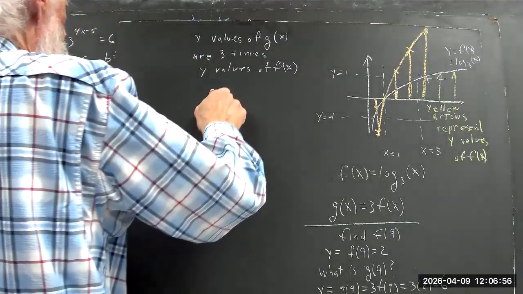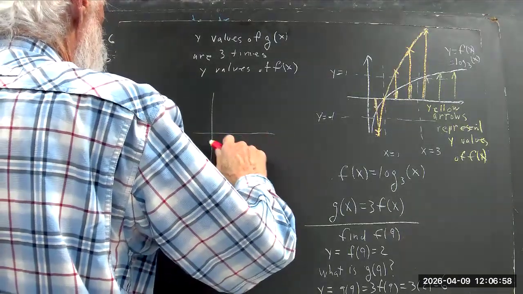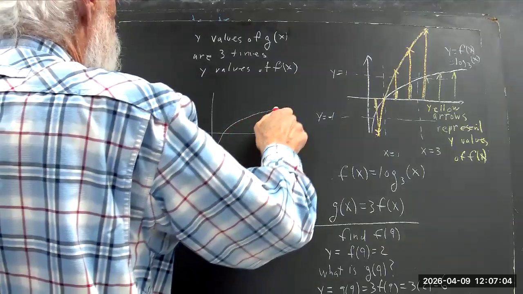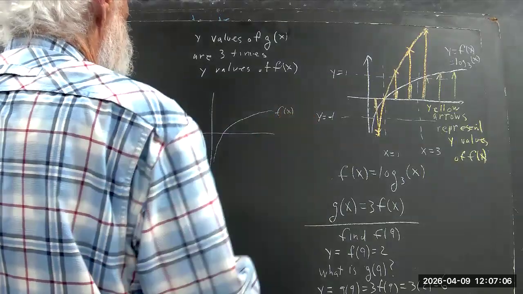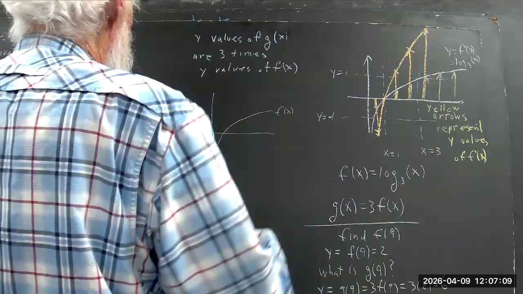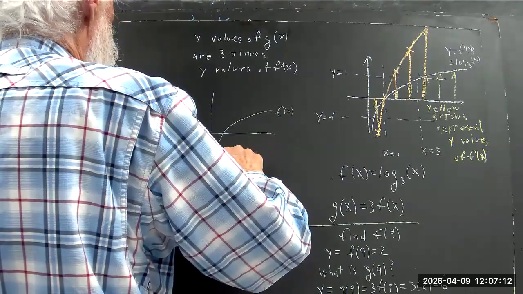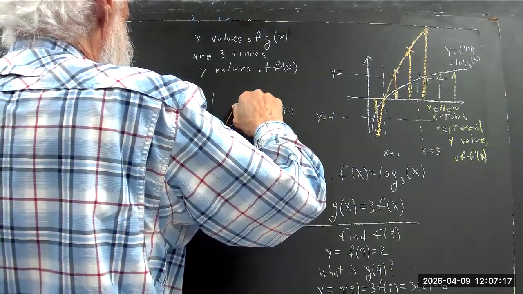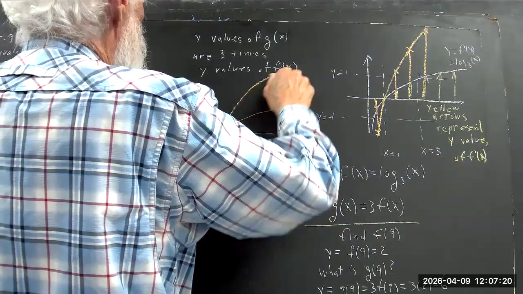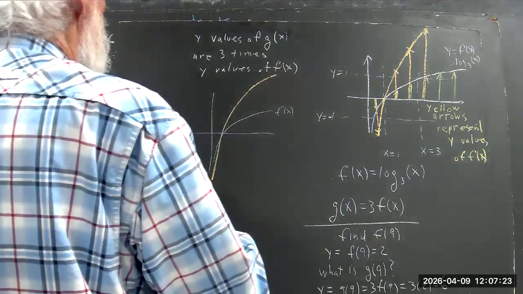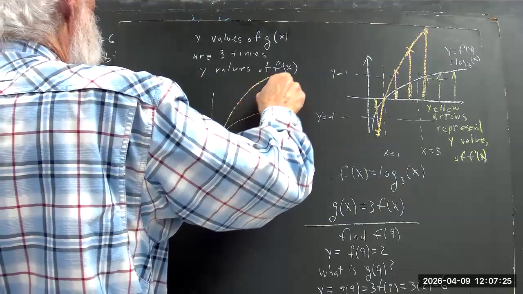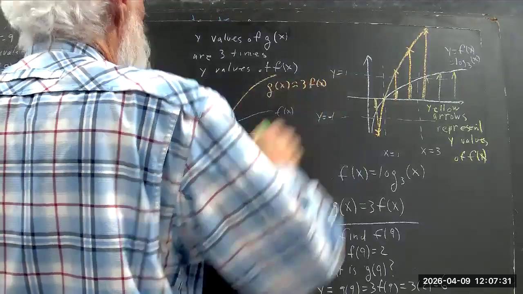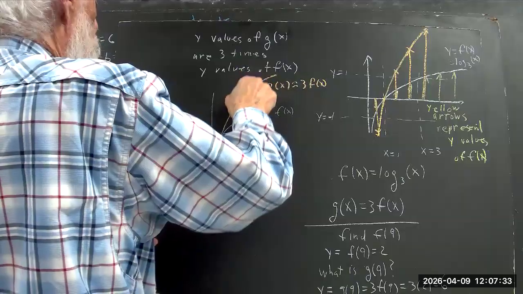And if I draw a smaller graph, this is my graph of f of x, my graph of g of x, kind of look like any vertical line that I draw.